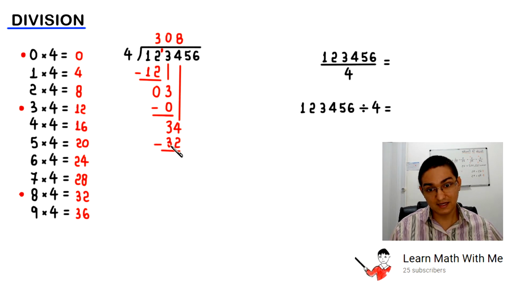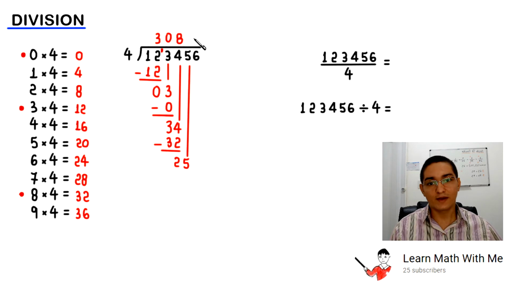You will say that once again, we have a subtraction that is very easy because 34 minus 32 equals just 2. You know that because 32 plus 2 equals 34. After a subtraction, we always bring down the next digit. By doing so, now we have here 25, and we ask the question, how many times does 4 go into 25 without going over?